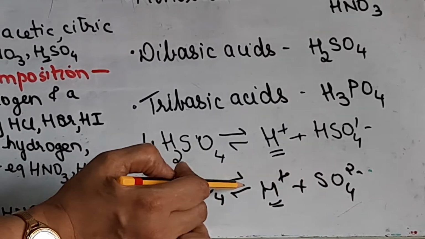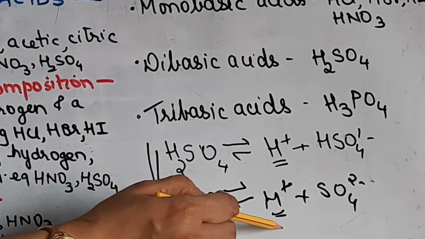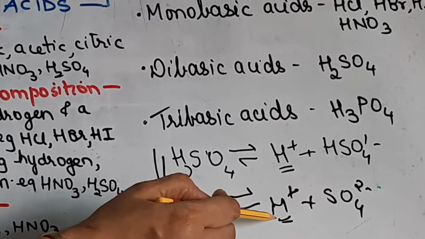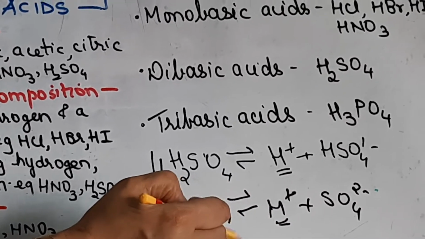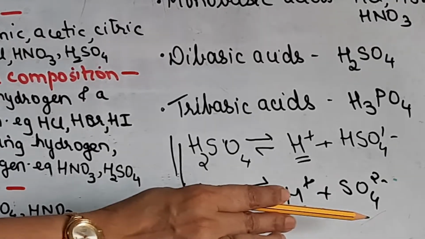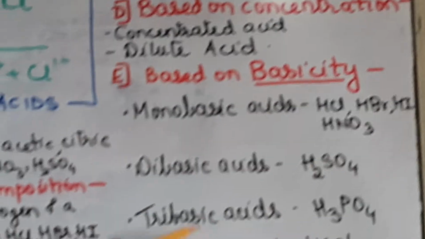When you add the two reactions, you can write H2SO4 forms two hydrogen ions plus sulfate ions. And this hydrogen you can write in the next step as reacting with water to give two hydronium ions. So this dissociates in two steps in aqueous solution.